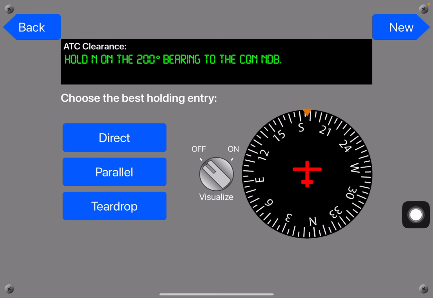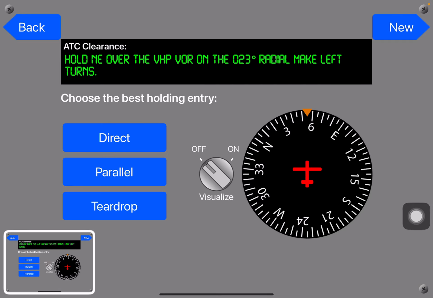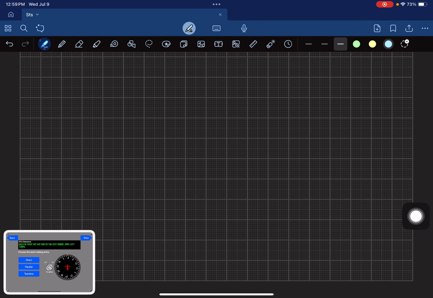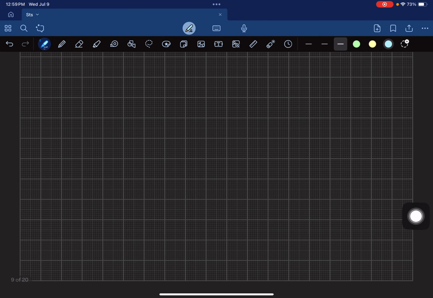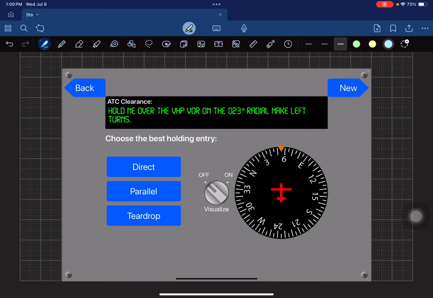In this other example, you have the word radial instead of the word bearing to. That means you have a 023.